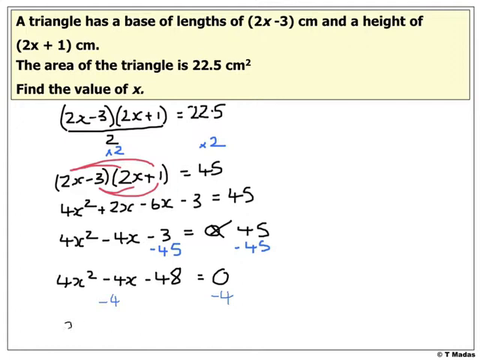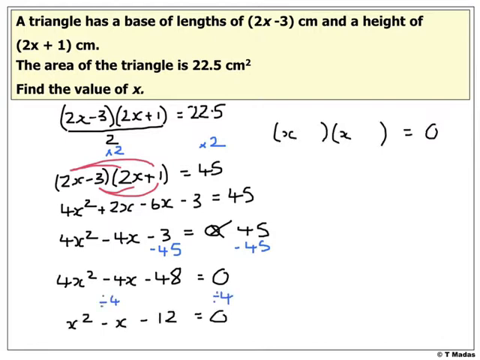So I'll get x squared minus x minus 12 equals 0. And that quadratic becomes far, far easier to solve than the one I had a minute ago. So all we're going to do is factorise that. I'm going to need double brackets. So I'll set these out over here with x in one and the other.